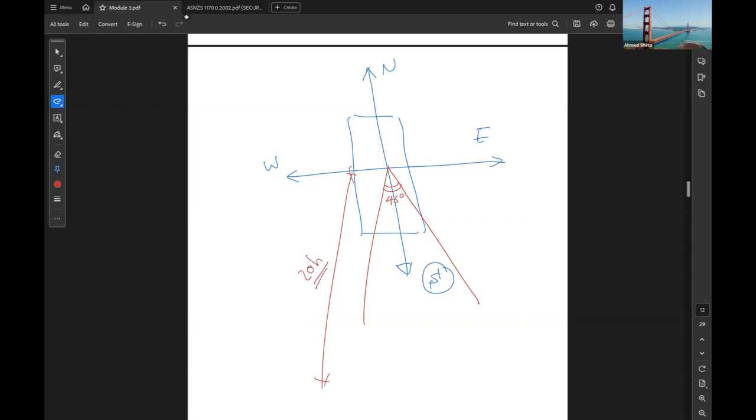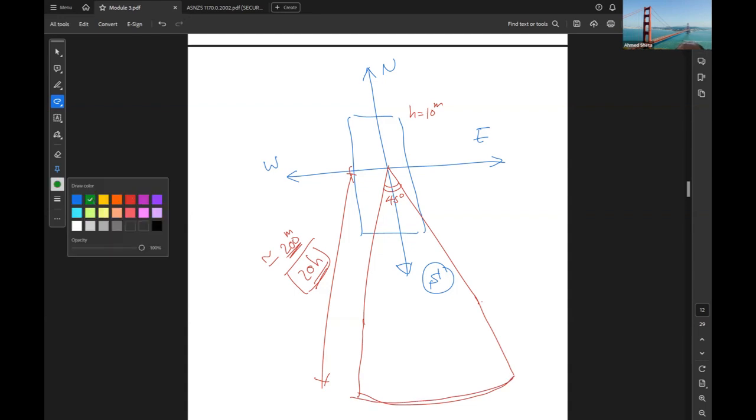So if the building height is, for example, 10 meters, you need to only study within a 200 meter sector.